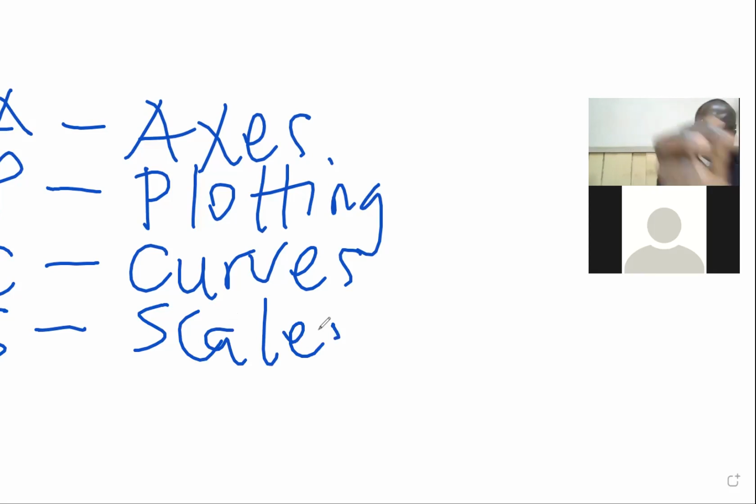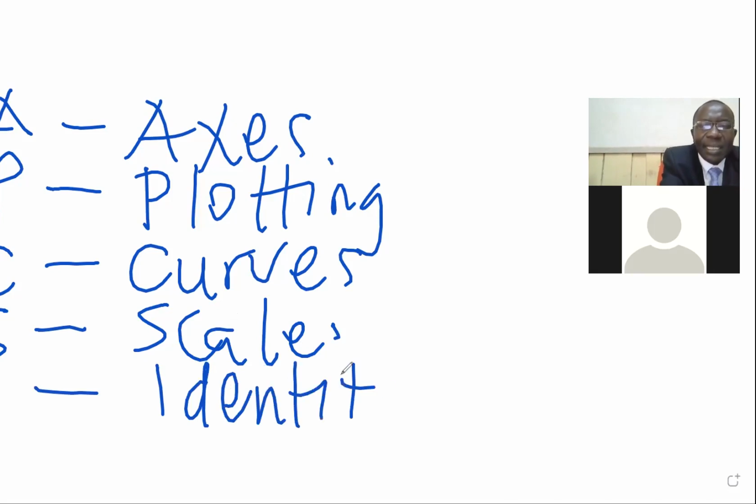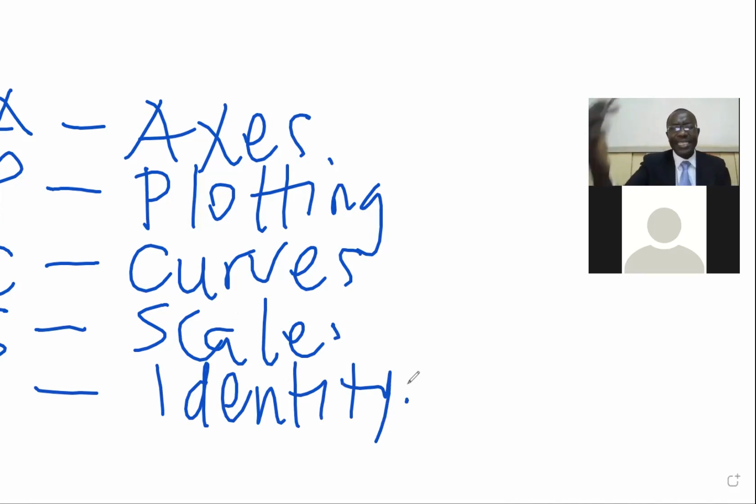There is always I standing for identity. Those are the main areas which must exist when a biological graph is being marked.